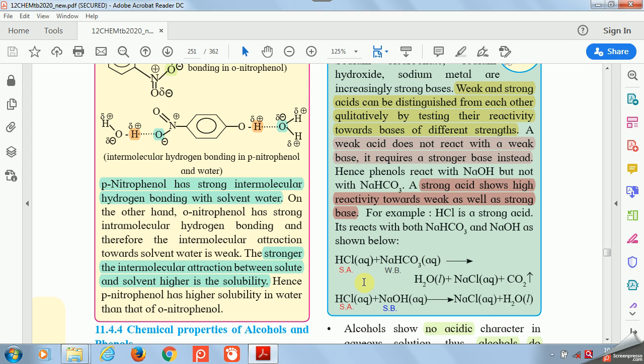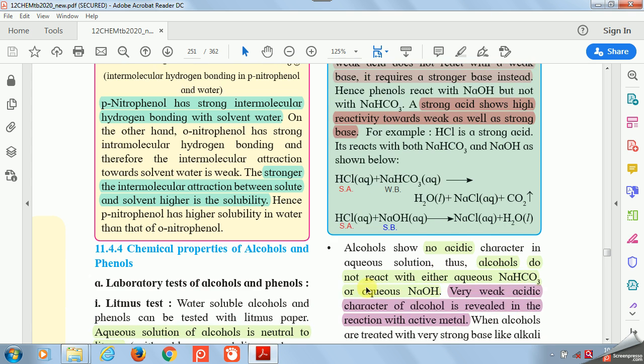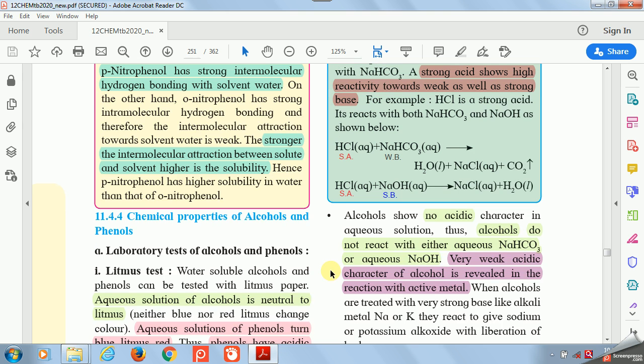Similarly, you can check the strength of a base. Alcohol does not show acidic character in its aqueous solution, so we can say that it is neutral.